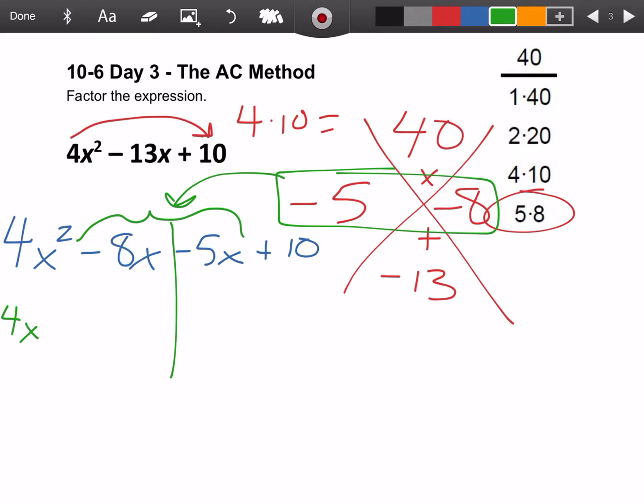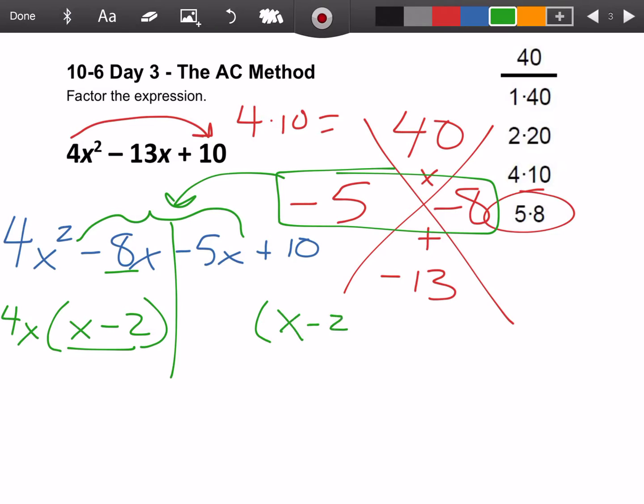So here I'm going to factor out a 4x, and then what I have left would be an x minus 2, because I factored out a 4, but I had an 8 there, so I'm going to factor that out. And then here I have minus 5x plus 10, but remember, I have to have it be an x minus 2.